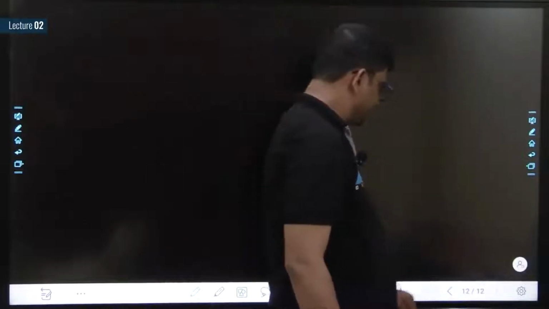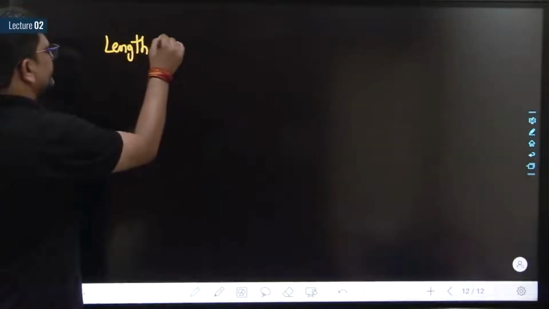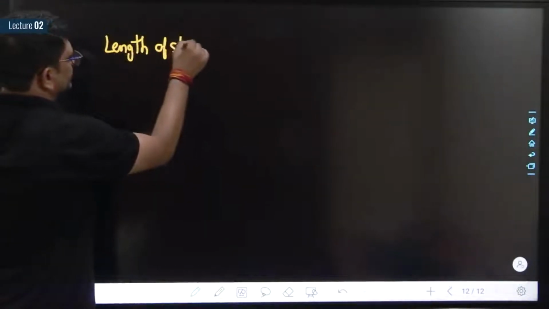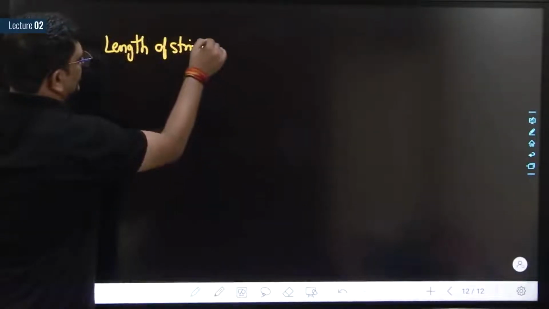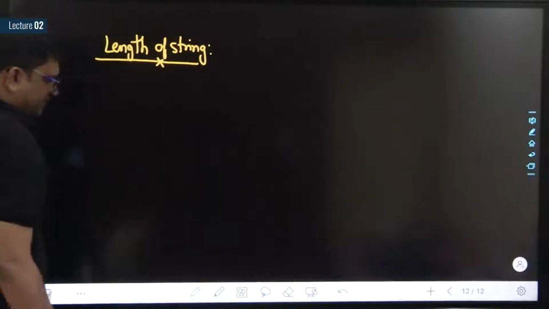Next, length of the string. What is the length of the string?